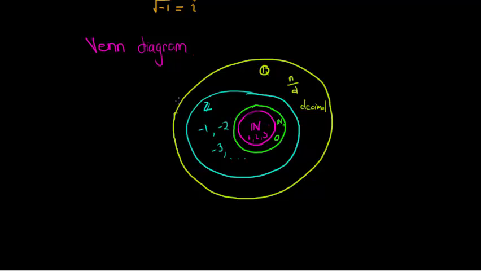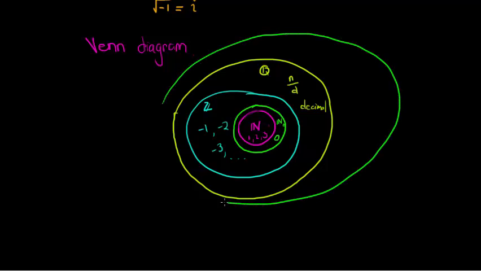Okay, and then here I've got a bigger bowl. In this bigger bowl, I'll put all the real numbers, and the real numbers include the rational numbers, but also include irrational numbers.